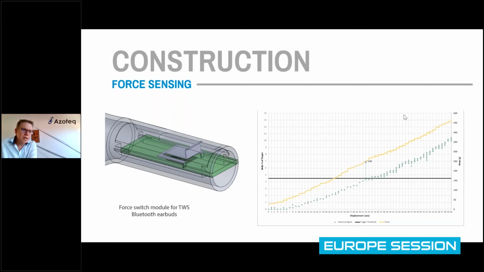When we only see one of them changing value, then we know it's due to a user interaction. I hope this is a clear explanation of how we can use a reference channel to deduce that it is an environmental change and not a user interaction. And then the third part to the solution is that all the new generation Azoteq ICs have an on-chip temperature sensor.